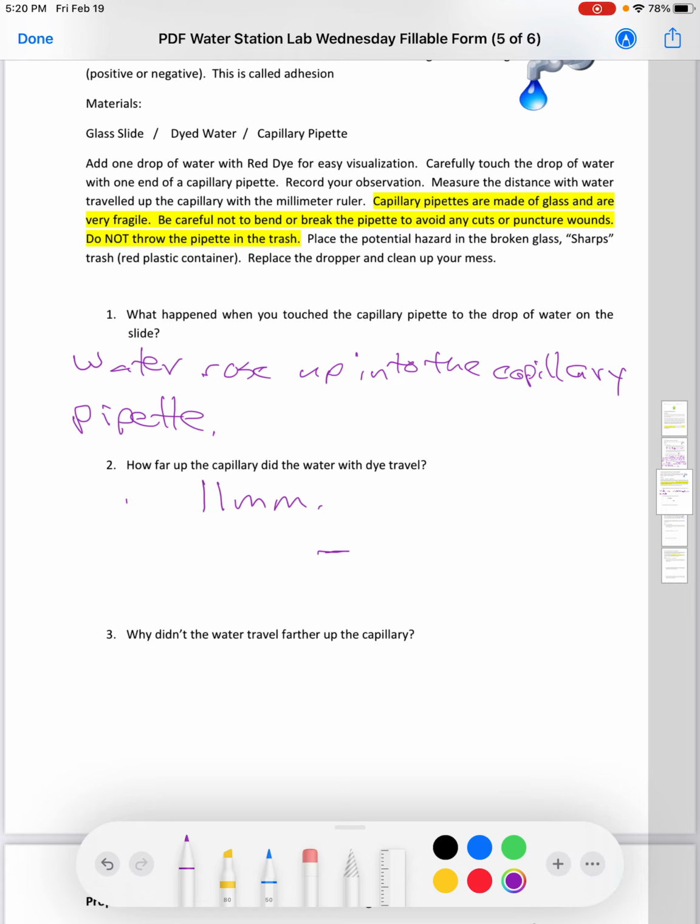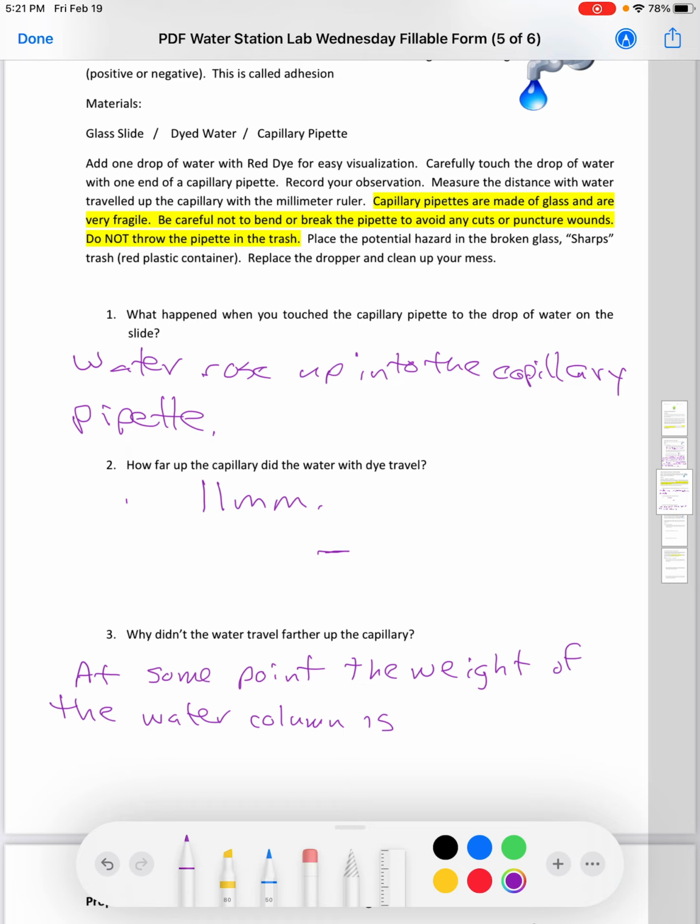But it doesn't go all the way up the capillary, because at some point the weight of the water column is greater.